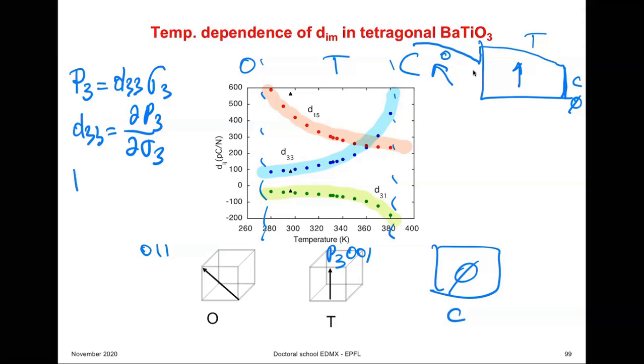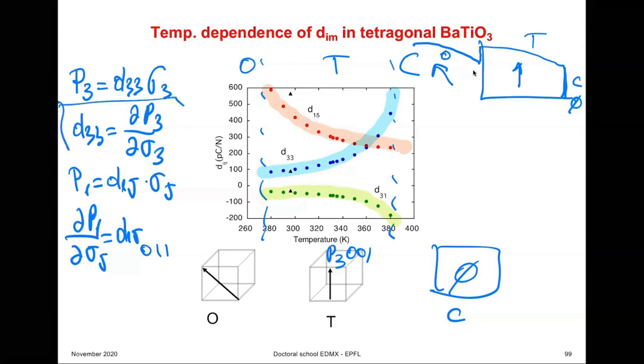And D15 tells us how P1 changes if we apply pressure along this face which is perpendicular to X3. So a piezoelectric coefficient always describes changes in polarization.